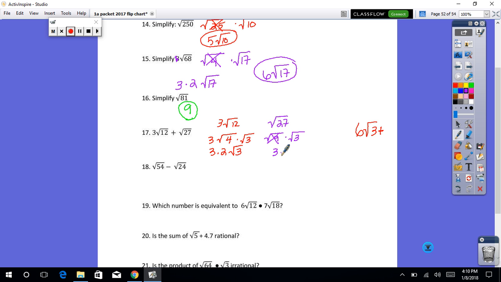The square root of 9 is 3, so 3 square roots of 3. Now that our radicals are the same, remember to think of this as combining like terms. Let's say this was a 6x plus a 3x. So 6 and 3 simplifies to be 9 square roots of 3.